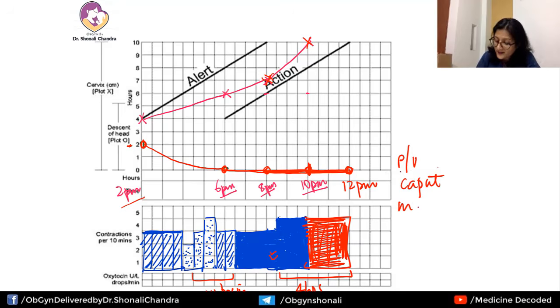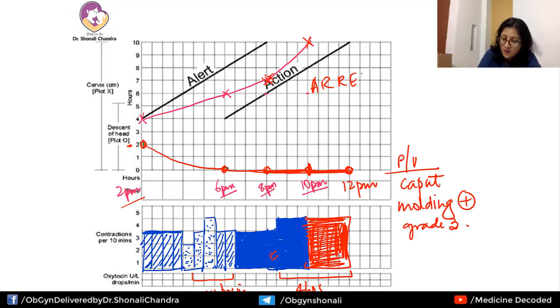We note that there is molding happening, especially grade 3 molding. The woman's bearing down efforts are also good. Despite that, there is no progress in descent. This is what we call arrest of descent.